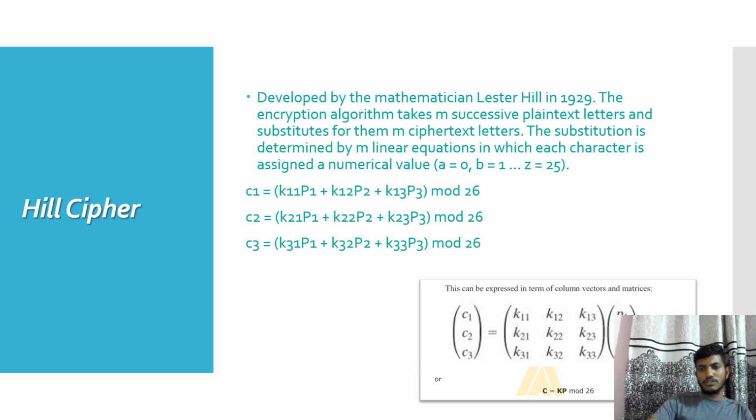For example, a is equal to 0, b is equal to 1, up to z is equal to 25. See, C1, C2, C3 are the ciphertext, and K1, P1, K2, P2, K3, P3 mod 26 are the key values and plain text. This mod is because we have 26 letters in the English alphabet, so we are using mod 26. So this is the actual formula: C is equal to KP mod 26.